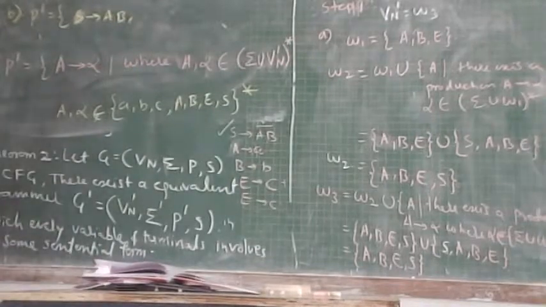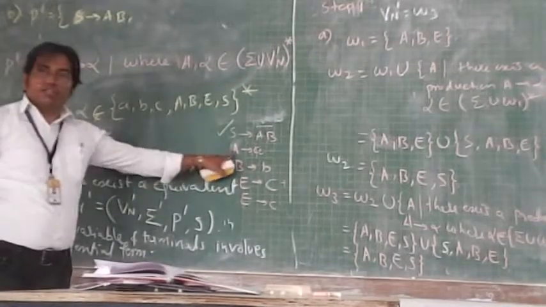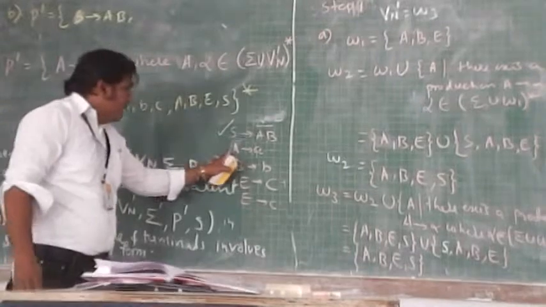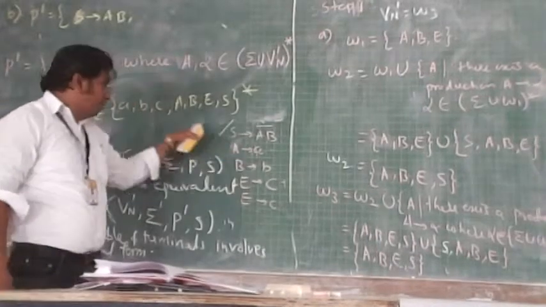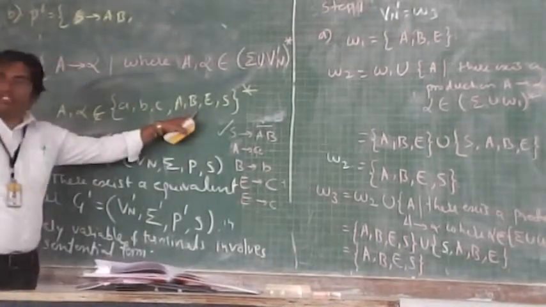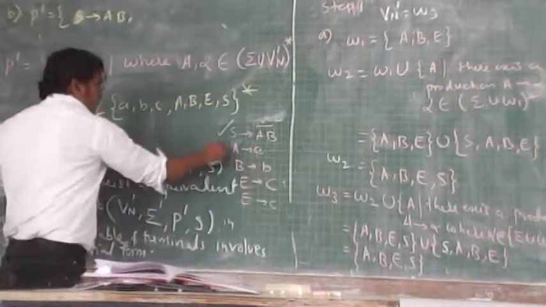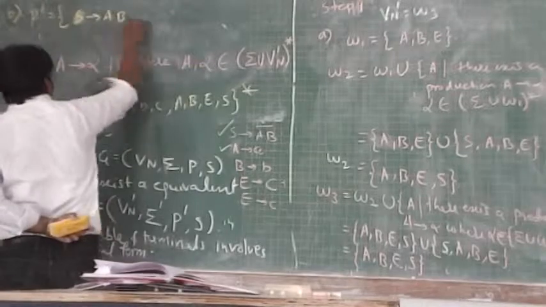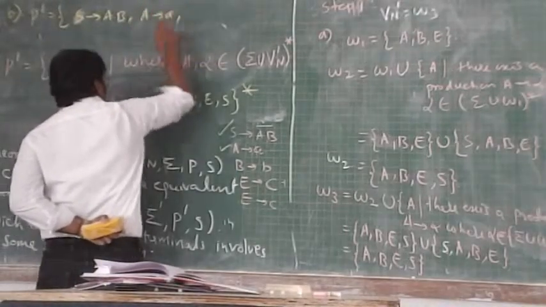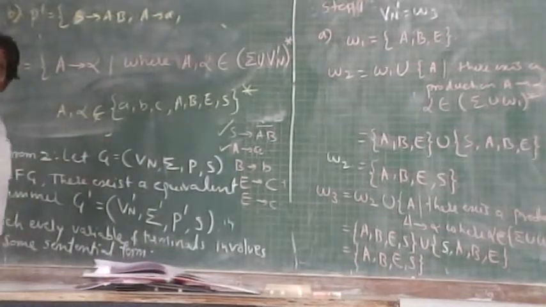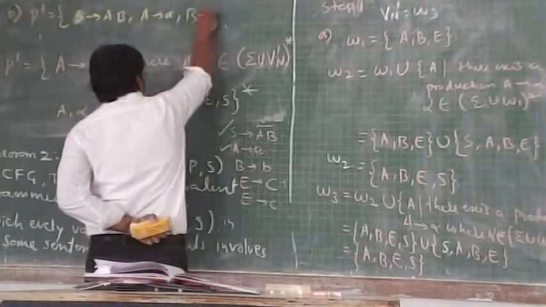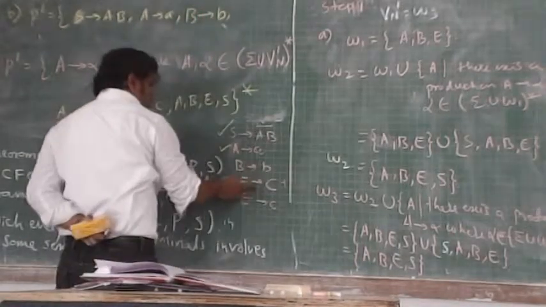What is the next production? I should go to the next production. Can the left hand side of this production be produced by this closure? Yes. Right hand side? Yes. So add this production to the set P dash. So that is A implies a. The next production can also be part of it. B implies b, I also consider. Go to this production.